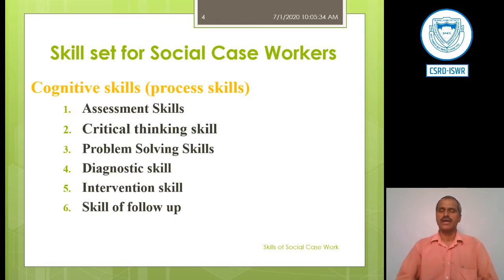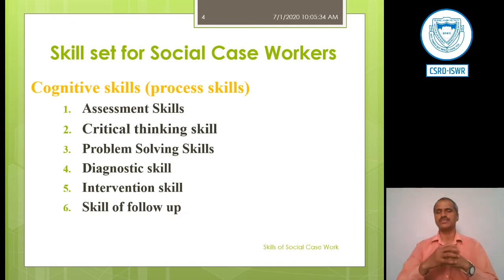Now, let us discuss in detail all these skills. Now, under the cognitive skill, mainly we discuss the process skills. Process skills means social casework process. Vyakti sahakaryacha prakriya. We have learned in the third unit the process in detail.